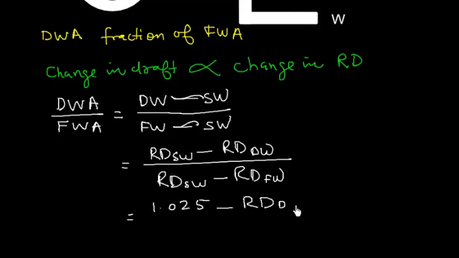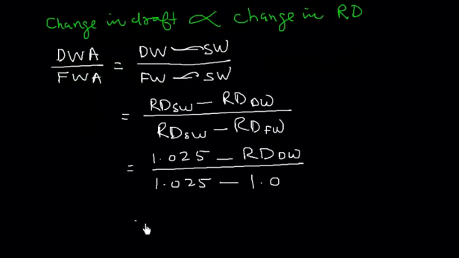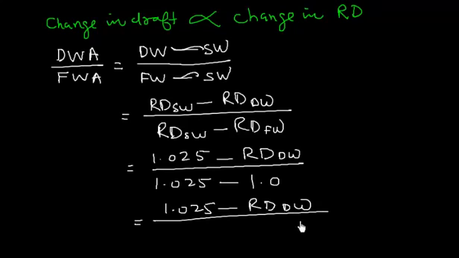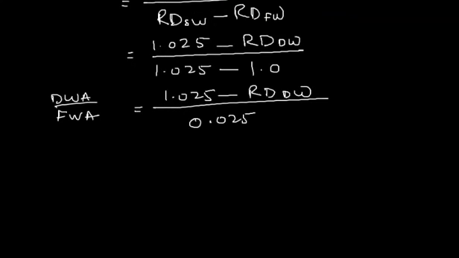So RD of salt water, we know it very well, it is 1.025, and RD of dock water has to be between fresh water and salt water, divided by, now this part which is RD salt water is going to be 1.025, and fresh water we know which is 1. So this gives me a relationship that 1.025 minus RD dock water divided by 0.025 is going to be dock water allowance divided by freshwater allowance.